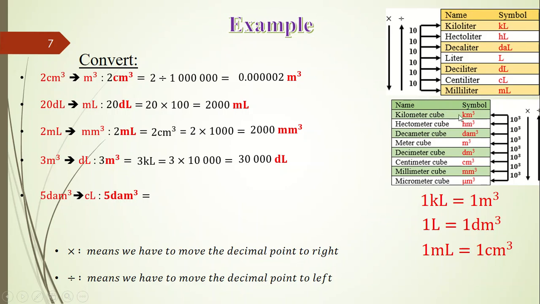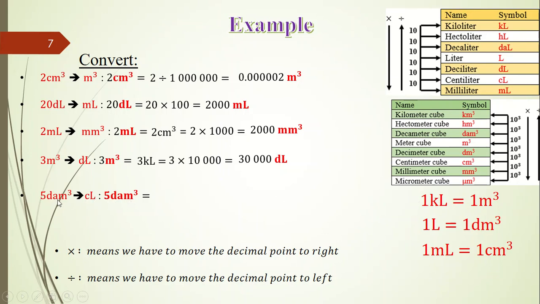Now I have to convert from 5 decameter cube to centiliter. So I have to convert from the second table to the first. As we can see, we don't have decameter cube in these three formulas. Okay, what to do? I have to convert first from decameter cube to one of these three units. So I can convert from decameter cube to meter cube, then from meter cube to kiloliter, then from kiloliter to centiliter.